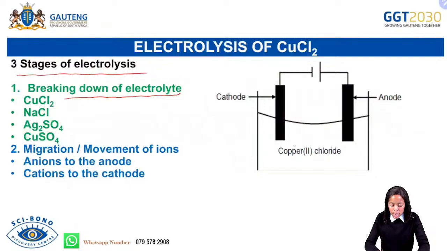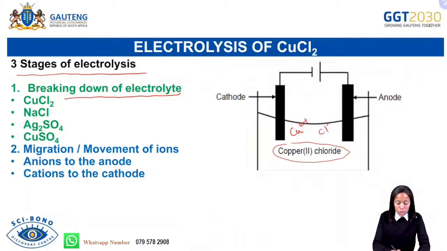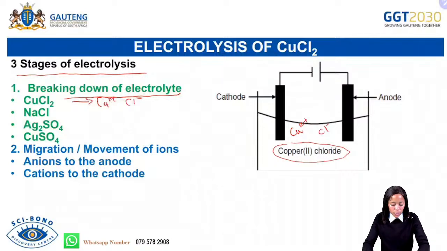So in this case we have copper(II) chloride, and copper(II) chloride becomes Cu2+ and Cl-. So we break it down to Cu2+ and Cl-.